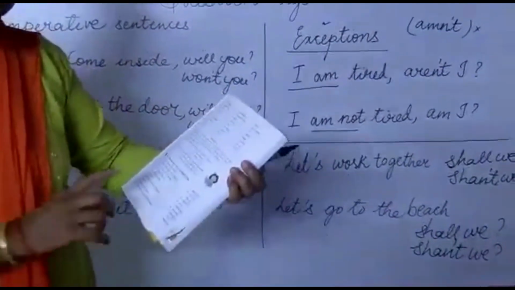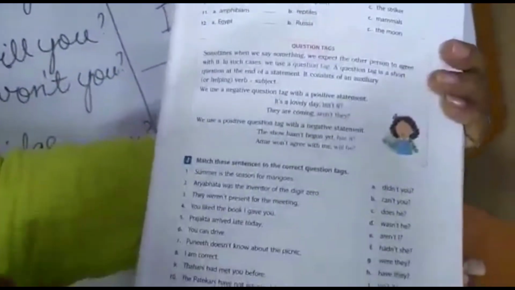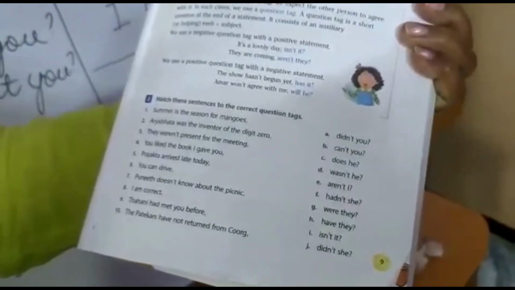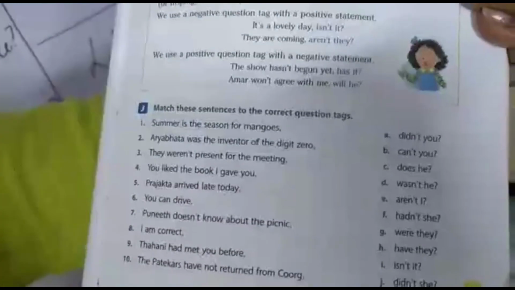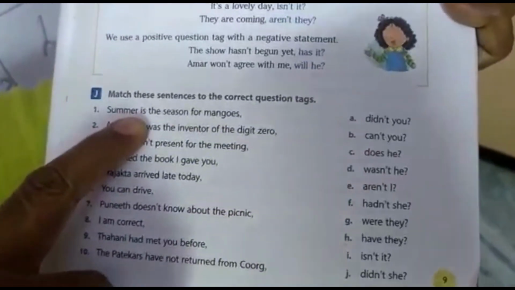I already told you to take out your grammar textbook, page 9. So please do this for homework. Match these sentences to the correct question tags. Now, "Summer is the season for mangoes." So you will identify the auxiliary verb "is."